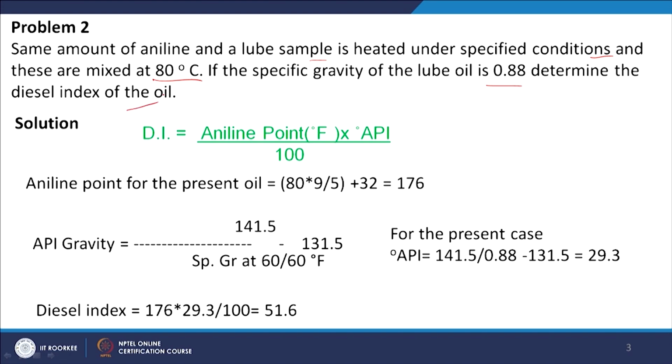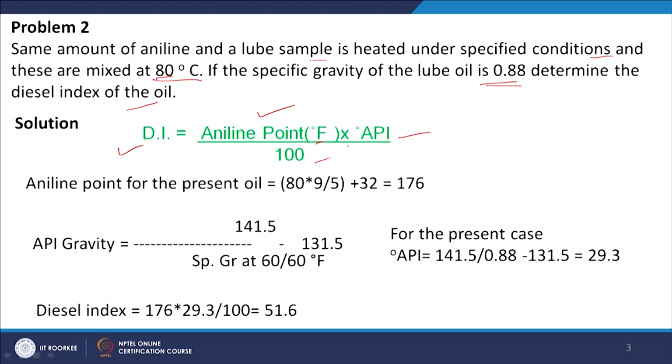We have already discussed that diesel index is equal to aniline point in Fahrenheit into degree API divided by 100. So, this is the formula.